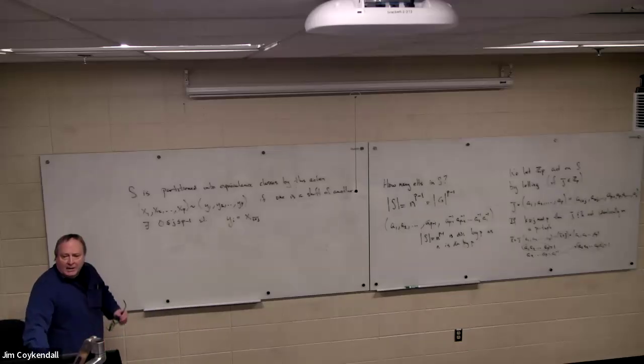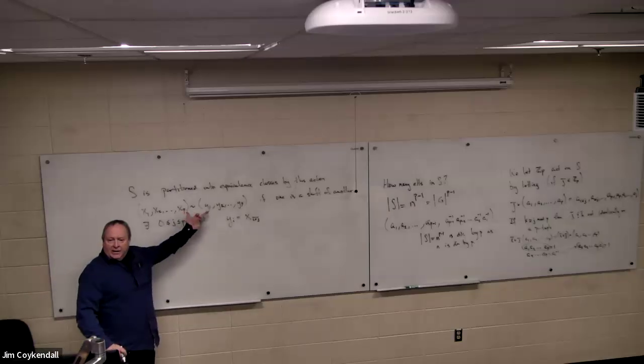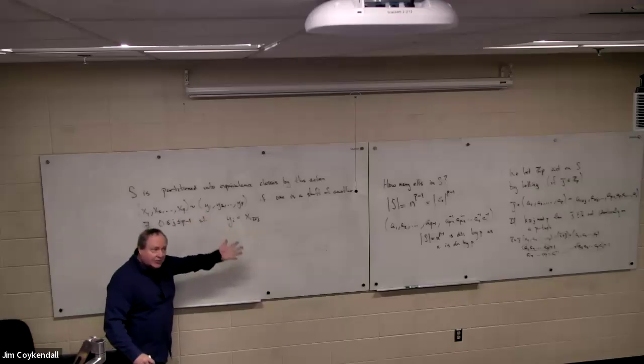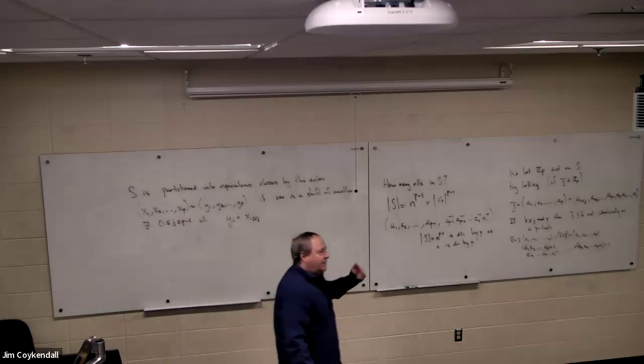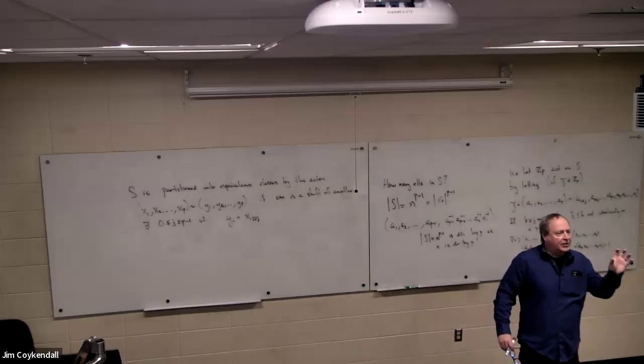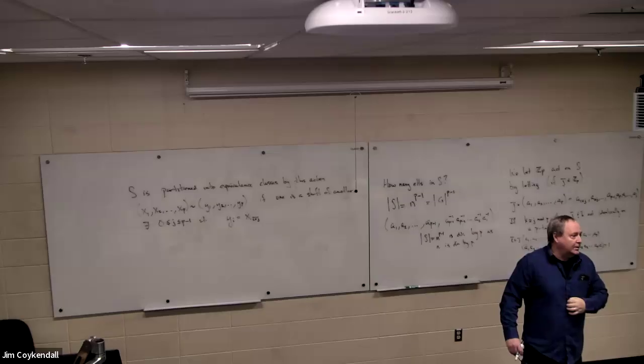This is pretty easily seen to be an equivalence relation, because anything is equivalent to itself because it's a shift by nothing, right? You shifted zero. If you shift one of these sequences by I steps to get the next one, then shifting this one backwards I steps will get the original one.